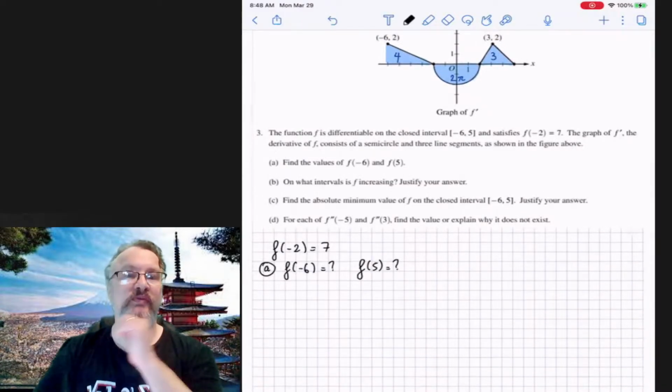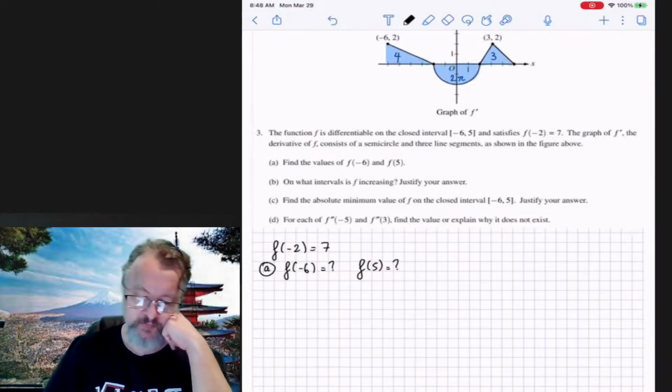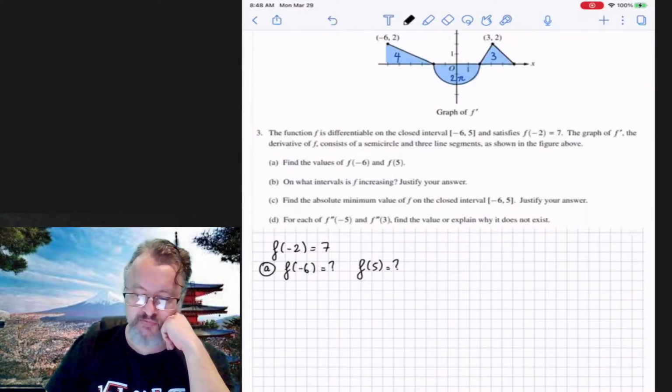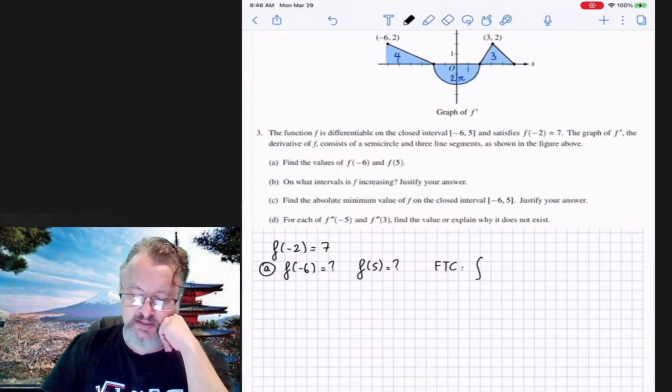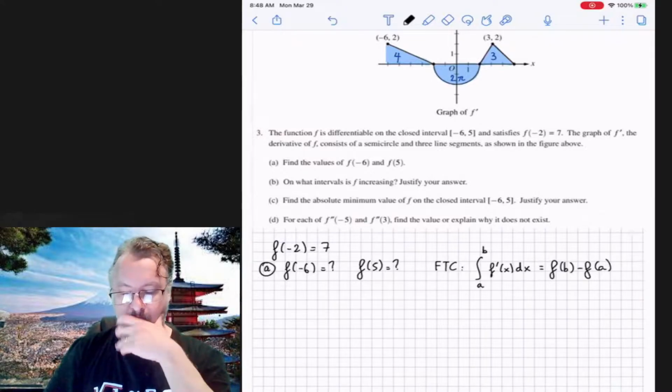Well, since the graph that is provided is the graph of f prime, I know because of the fundamental theorem of calculus that the integral of f prime of x dx between a and b will be equal to f of b minus f of a. We know that.